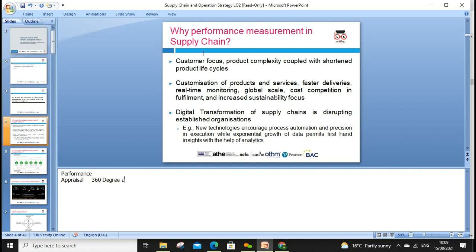No? Okay. As we know in math, 360 degrees means the whole circle. So 360-degree appraisal means you don't only have appraisal by senior and junior. Appraisal can come from the tea lady even, the person who delivers the tea, the cleaner, the supplier, the customer, your senior, your junior.